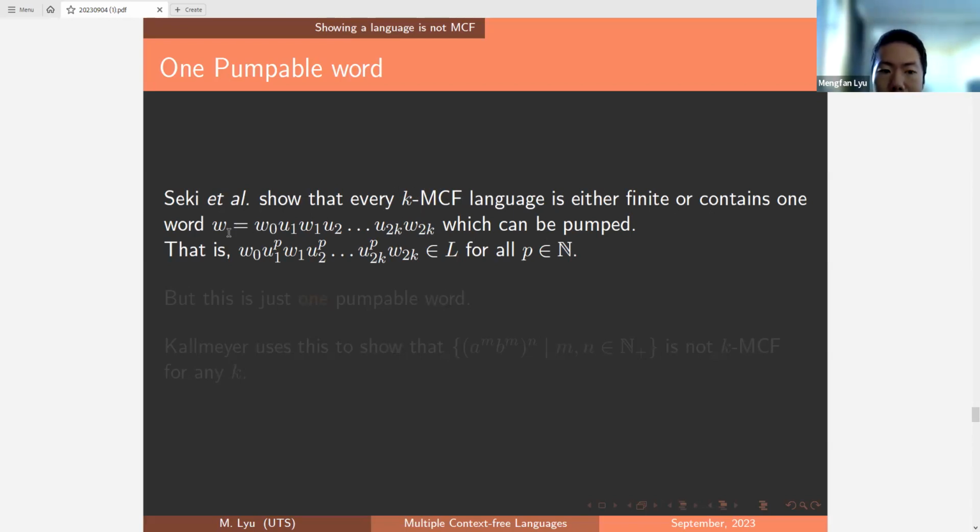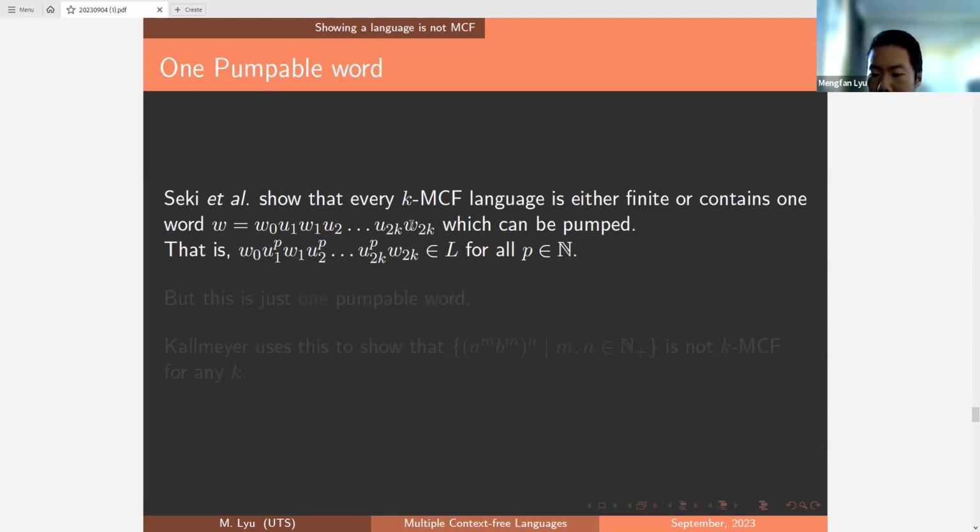There exists one word which can be cut into 2k plus 1 parts, and we can use these parts to pump this language. All the words of this form, pumping w using u1, u2 up to u2k, are in this language.